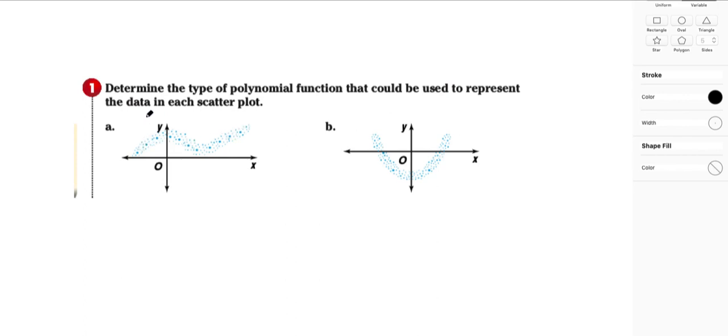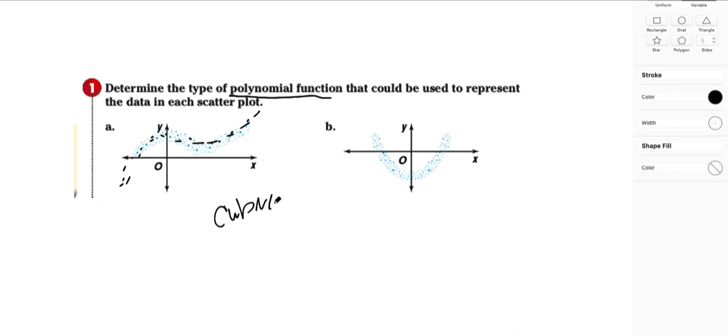But now, given the fact that we have information about polynomial functions, we should be able to not restrict our data just to linear situations, but we should be able to say, hey, this looks like it could be part of, and your job is to determine the type of polynomial function that could be used to represent the data, and that would be, in this case, a cubic, right?